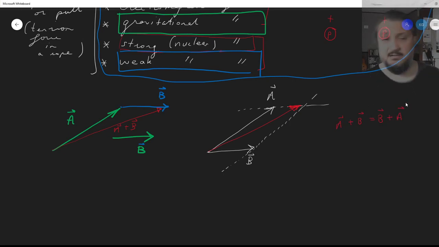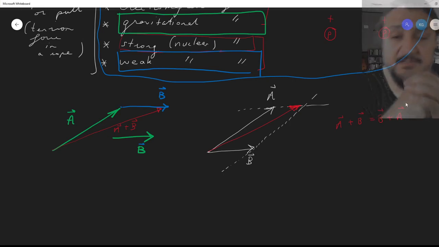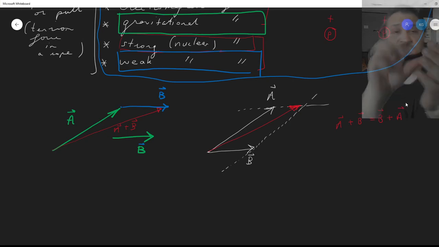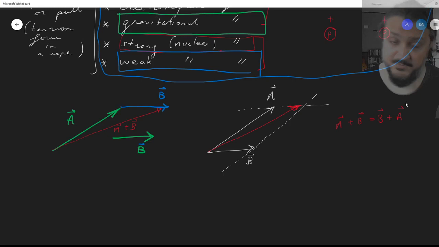So these are all in part 1 and part 2. Please watch those videos if you haven't already. You can learn how to subtract vectors in this manner, or what it means to put a negative sign in front of a vector, which flips the direction by 180 degrees, for instance.